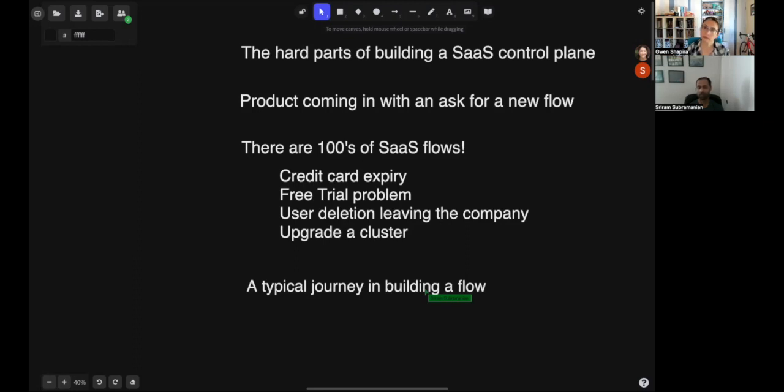And sometimes you don't need a credit card model for them. You might need them to sign a contract or something larger in terms of other forms of payment. But you're right, for a free trial, you have to upgrade the SKU and all the data planes need to know. The upgrade part is actually a lot harder. If it's just renewing the card, at least I don't have to do anything around that.